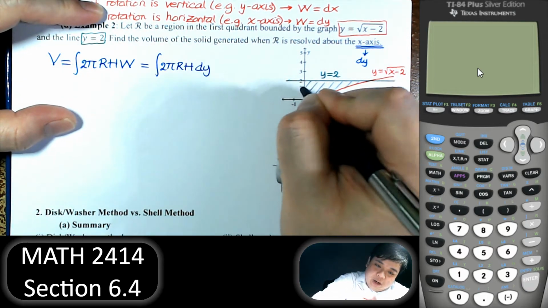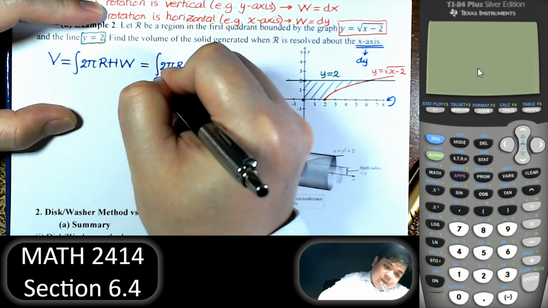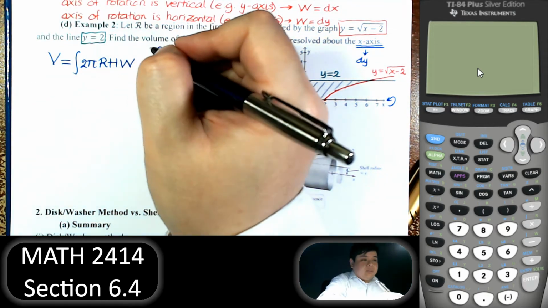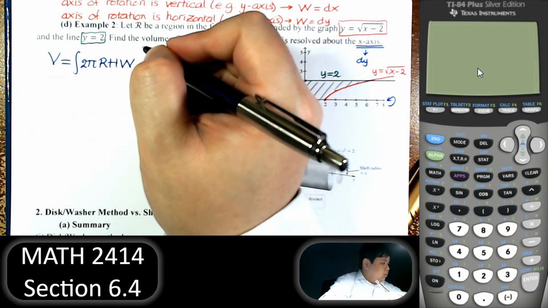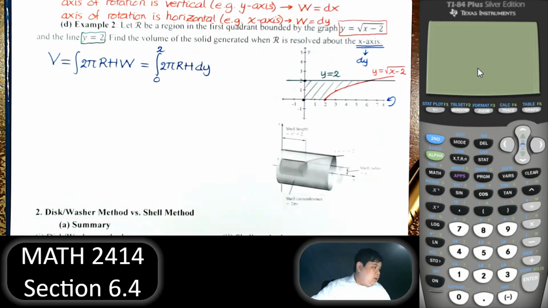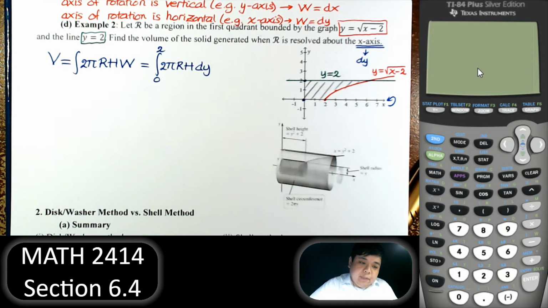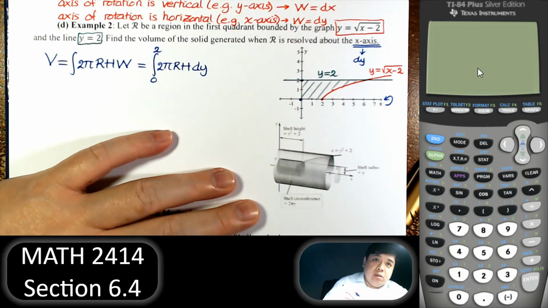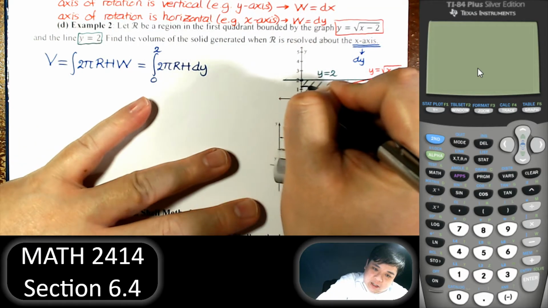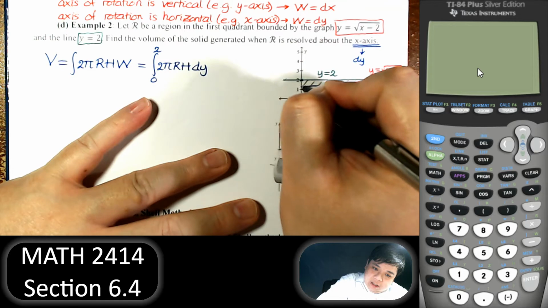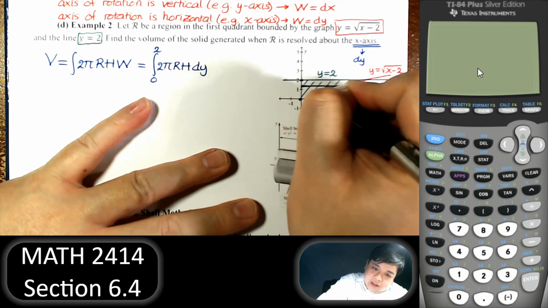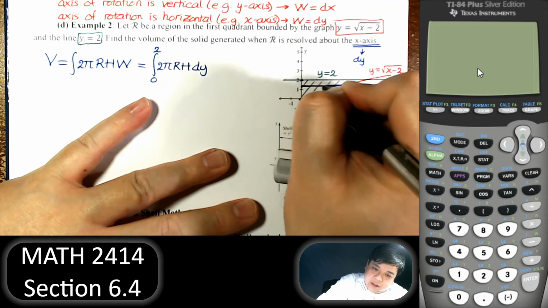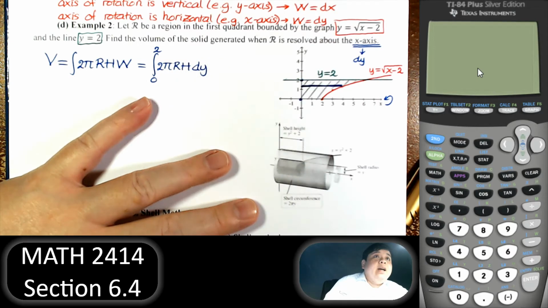Easy to see, from 0 to 2. Right. Now determine the r and the h. The h is where we just draw a line parallel to the axis of rotation. So I'm just going to draw a line here. And that will be the h.